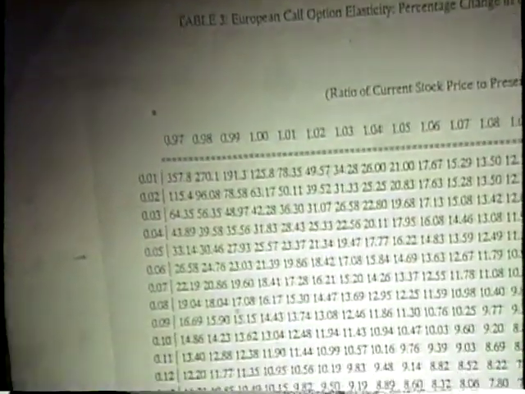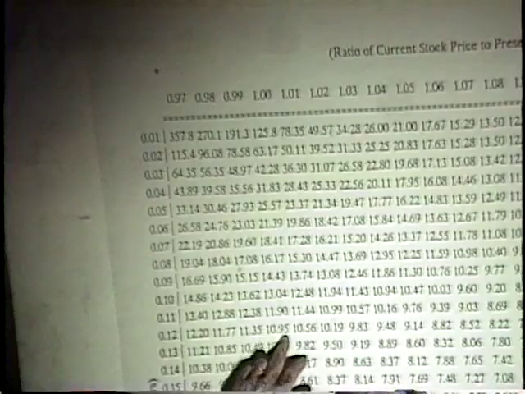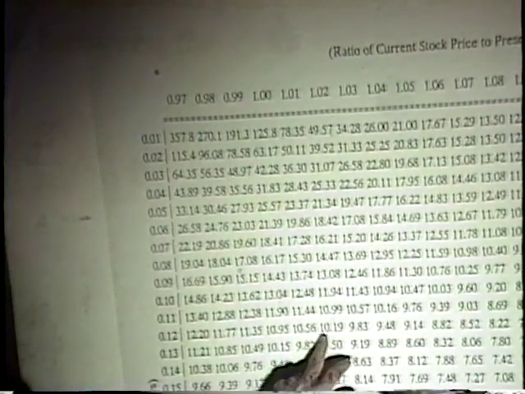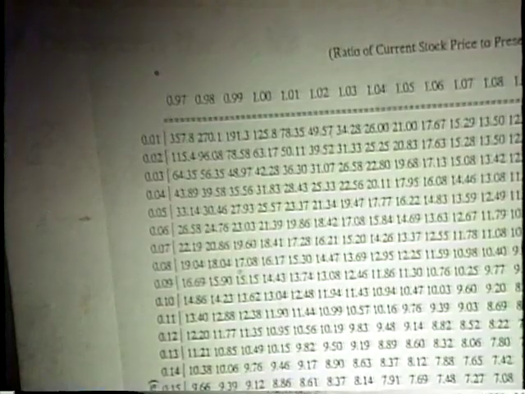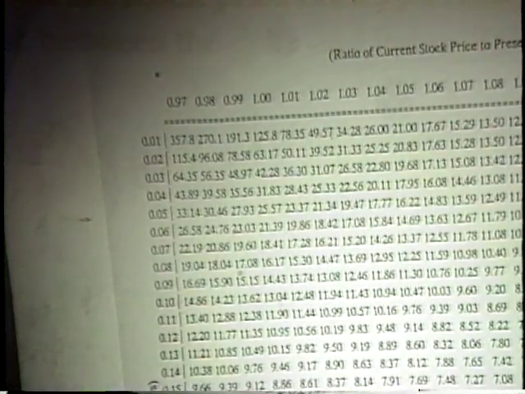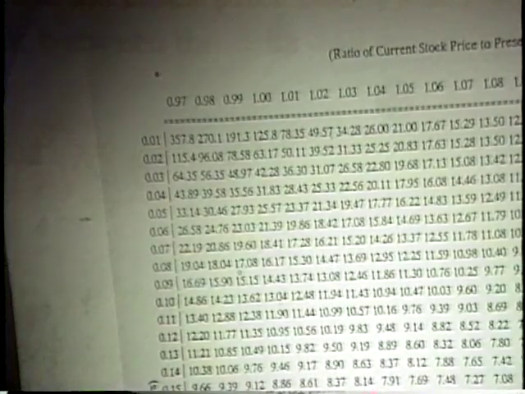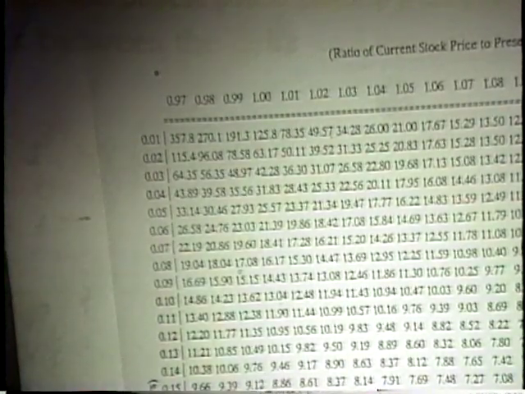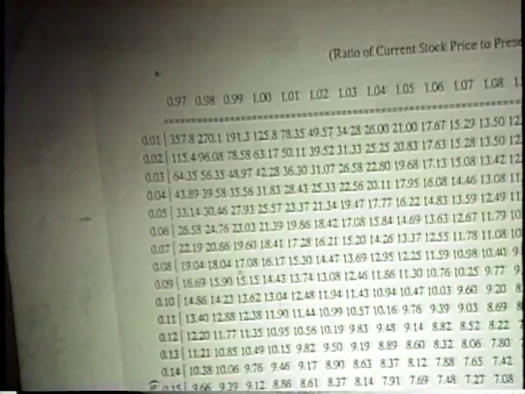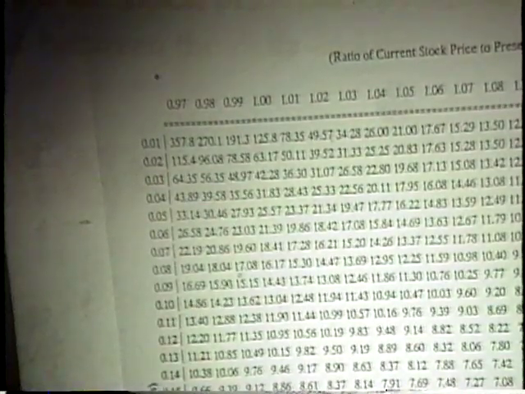And again, we could look at the same sort of cell, 1.02, the same sort of row, 0.123, and the elasticity is around, I think, 10. So it says for a 1% move in the stock up, the option is going to go up by 10%, 10 to 1.